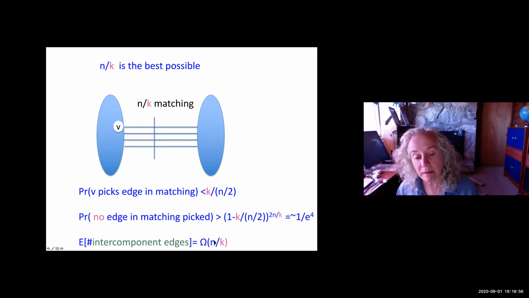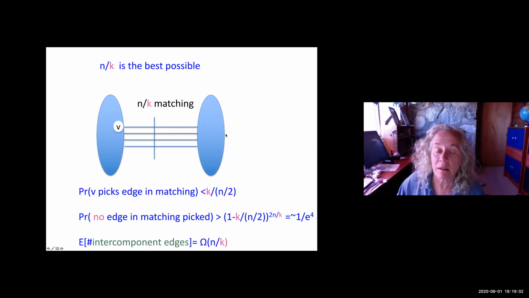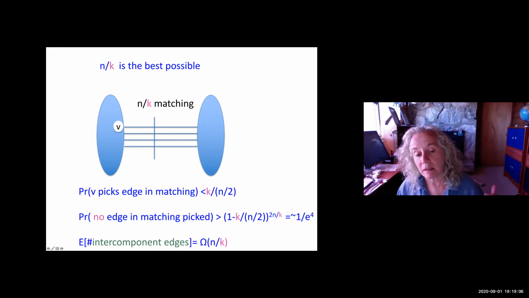So it's still omega n over k. So here's an example where we're given a graph, and the expected number of intercomponent edges is at least n over k.